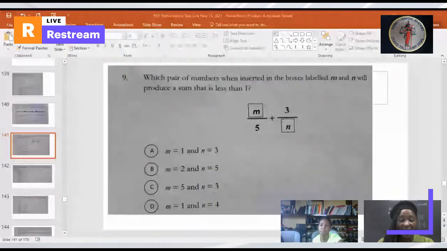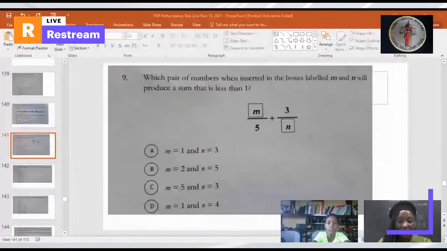But they want something less than 1. For the final option, if we put 1 where M is, we'd get 1/5. And if we put 4 where N is, we would get 3/4. 1/5 plus 3/4. Work that out quickly and tell me what you get.